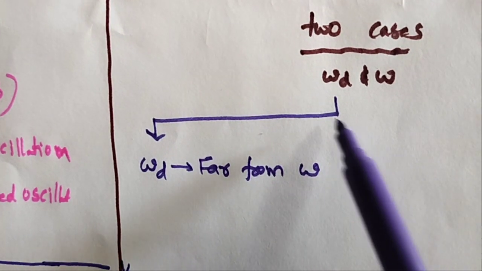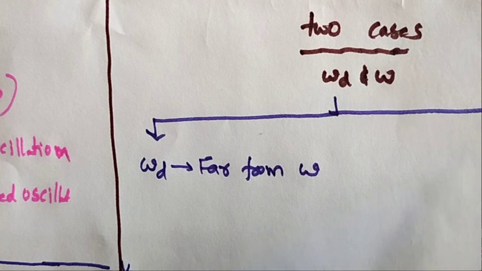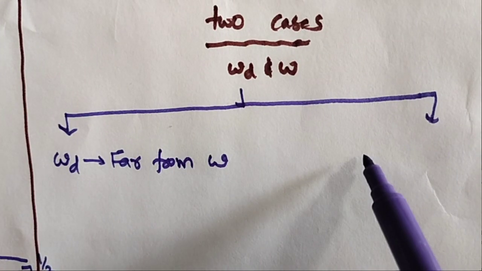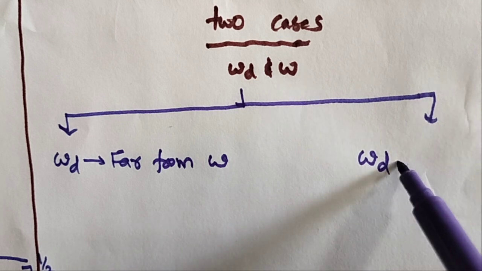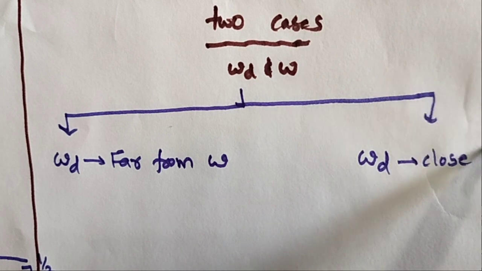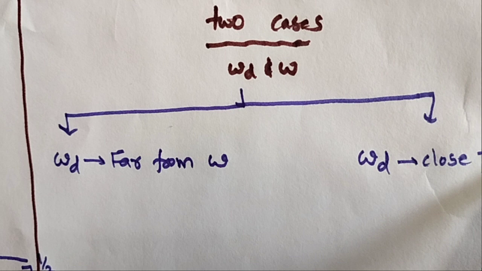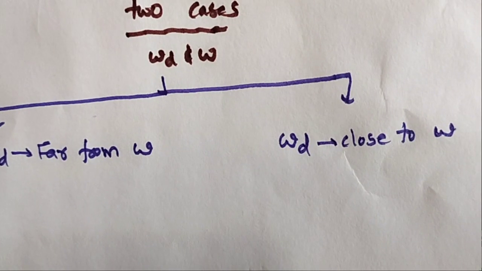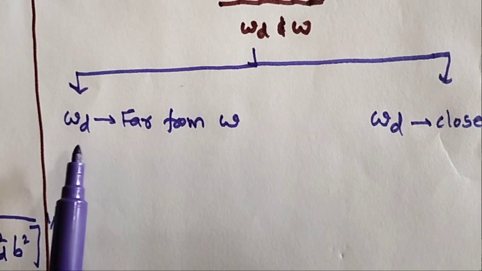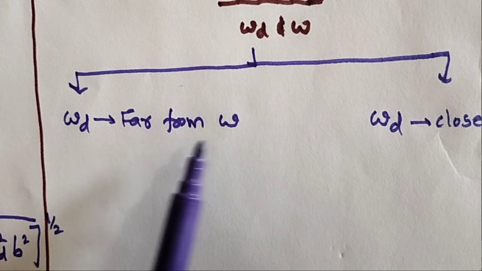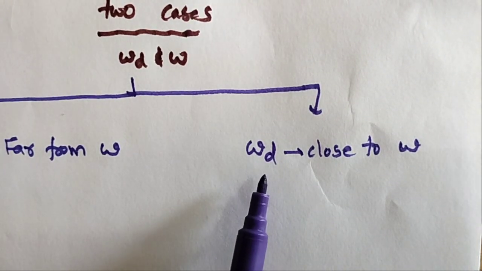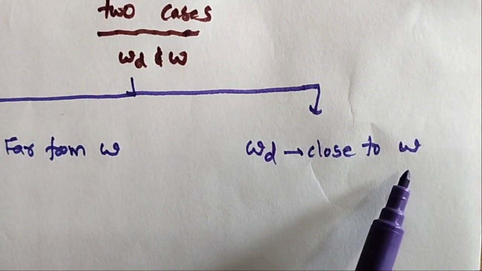And in the second case, driving frequency omega d close to natural frequency omega. So first one, the driving frequency far from natural frequency. Second one, the driving frequency is close to natural frequency.